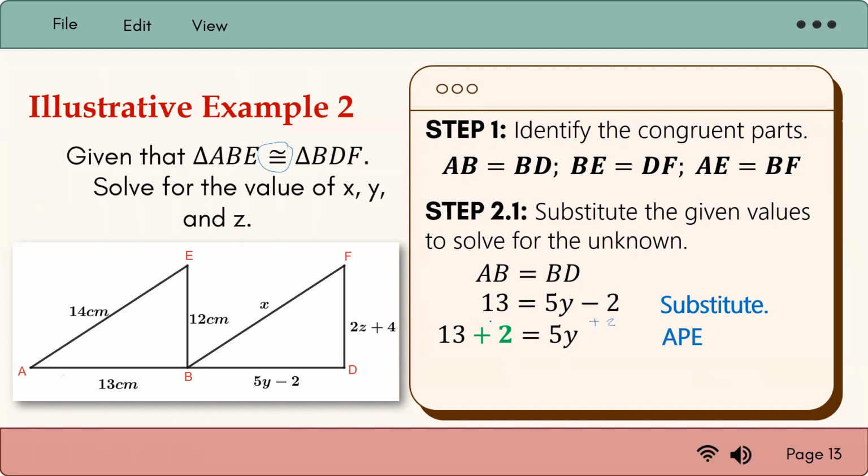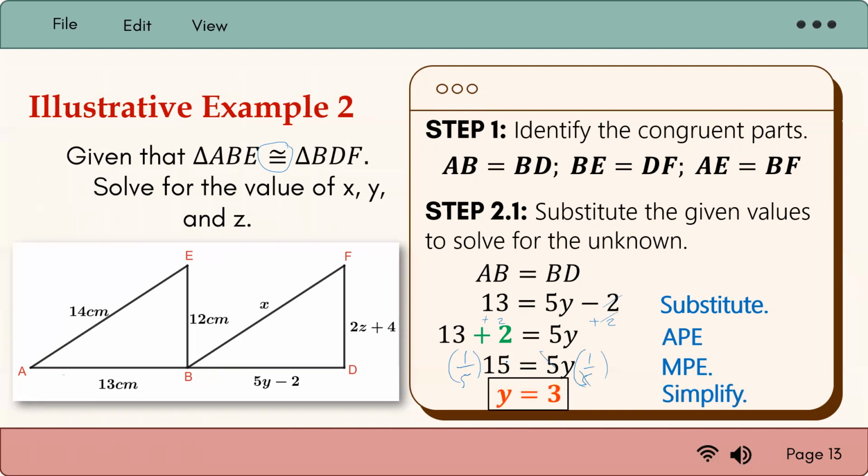Plus 2, plus 2, so 13 plus 2 is 15, equal to 5y. Then we multiply both sides by 1/5. This will be cancelled, and this one is now 3, so y is equal to 3.